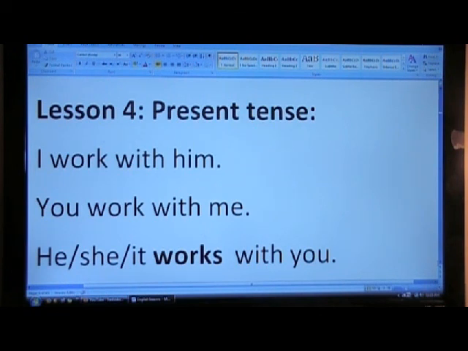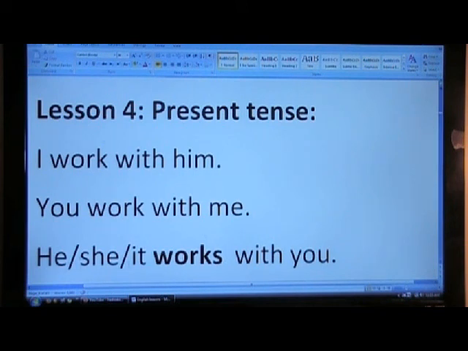Lesson 4. Present tense. This is now. We do something now. I work with him. Subject, verb, object. You work with me. He or she or it works.